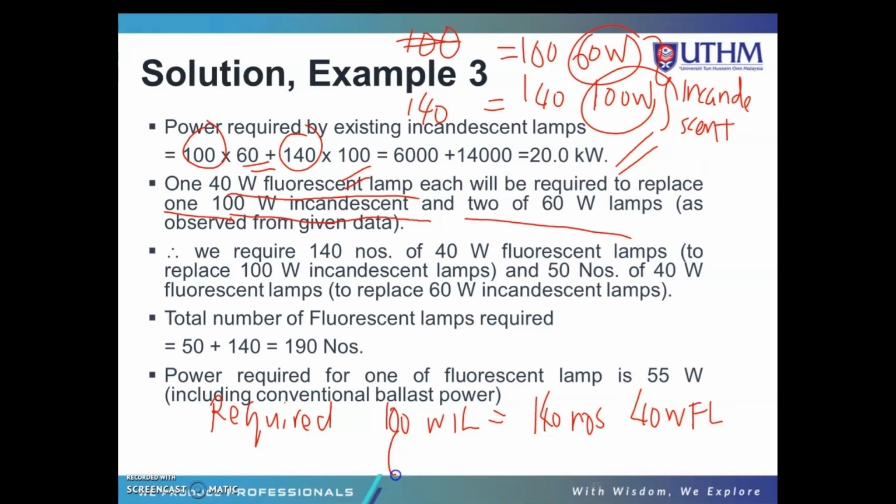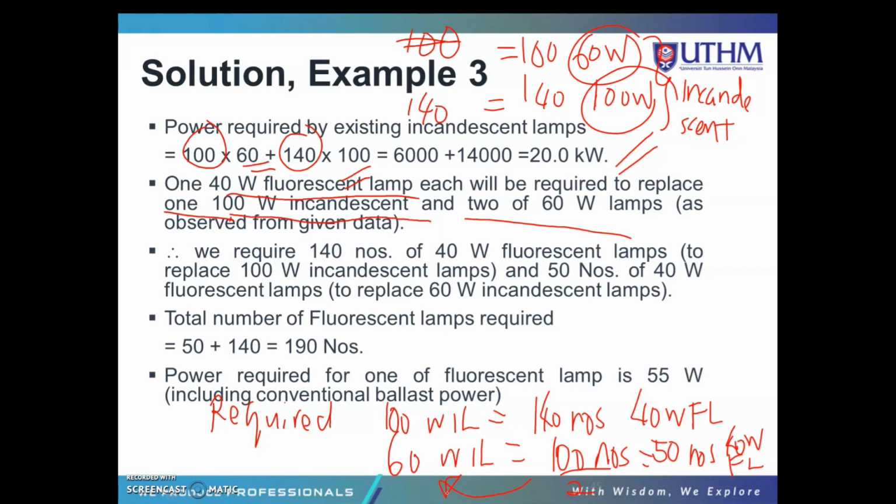But for the 60 watt incandescent lamps, we need 100 numbers, we divide by 2, so we just need 50 numbers of 40 watt fluorescent lamps to replace the 60 watt incandescent lamps.